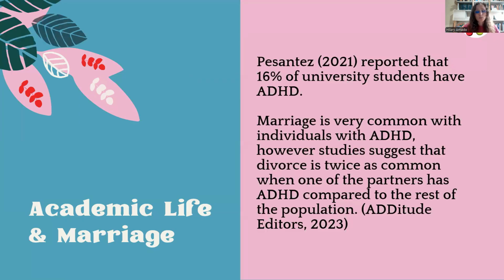This author reported that 16% of university students actually have ADHD. Marriage is very common with individuals with ADHD. However, studies suggest that divorce is twice as common when one of the partners has ADHD compared to the rest of the population.